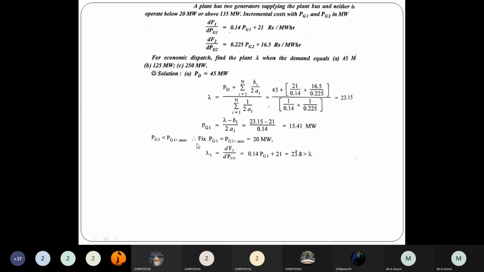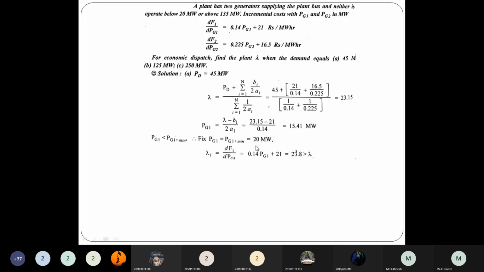Whether the value lies within the range or not, the limits are minimum 20 and maximum 135. It is not lying within the range. 15.4 is out of range, so PG1 is less than PG minimum. In this case, I have to fix my PG1 equal to PG1 minimum.